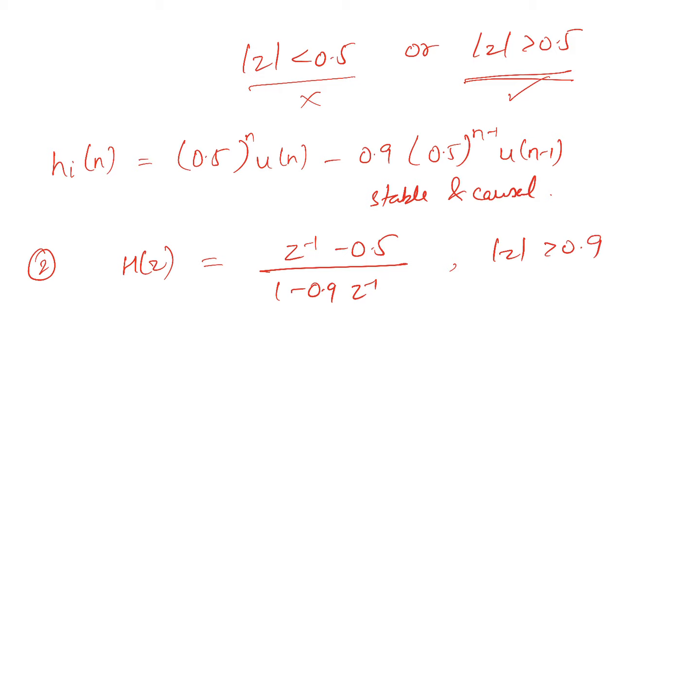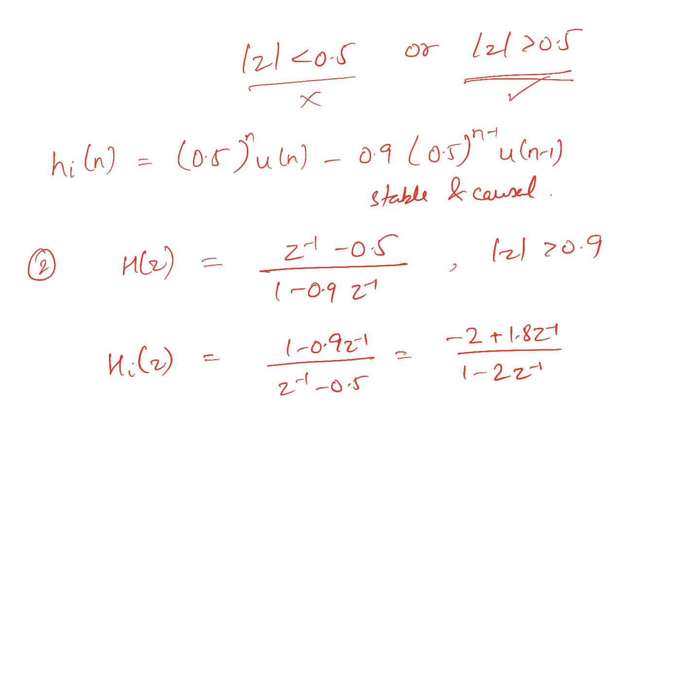Computing the hi of z, you would have 1 minus 0.9 z inverse over z inverse minus 0.5, or simplifying this expression you would get minus 2 plus 1.8 z inverse over 1 minus 2 z inverse.